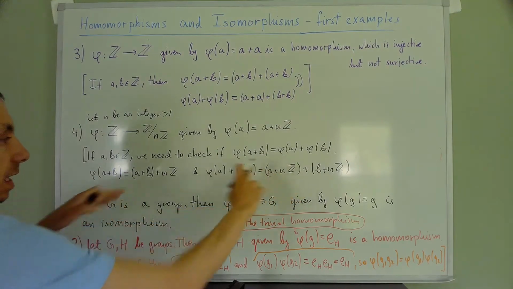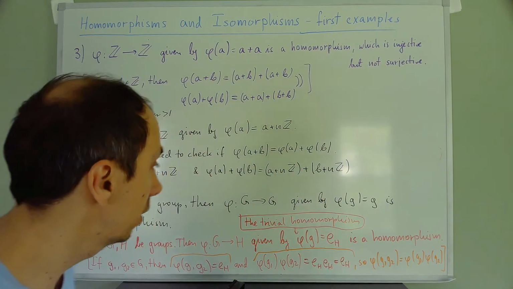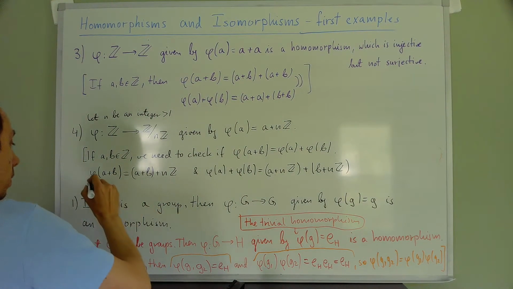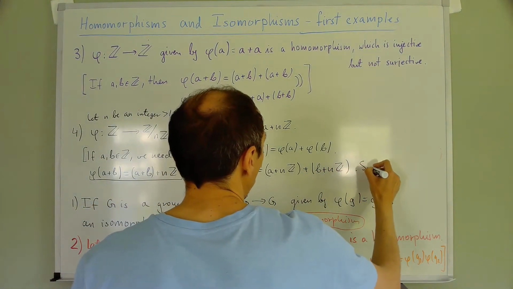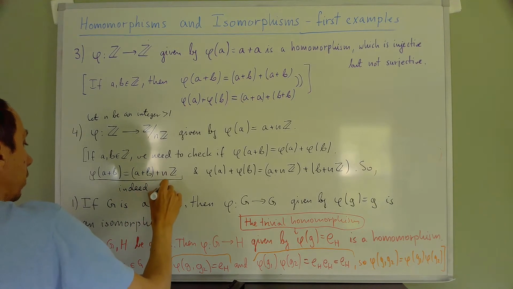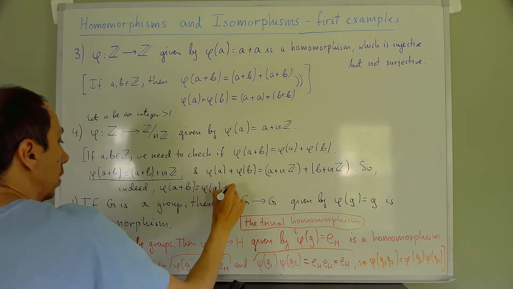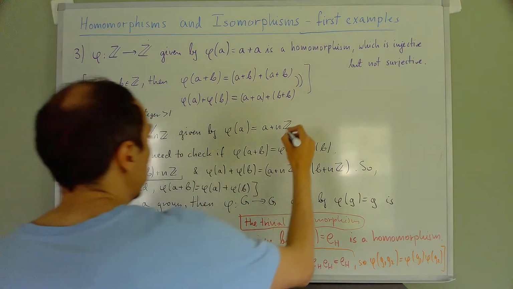Are these two things the same? Yes, by definition of how you add congruence classes. So indeed, phi of a plus b is equal to phi of a plus phi of b. So this is a homomorphism.